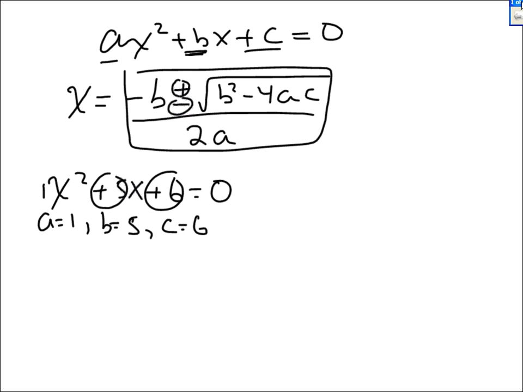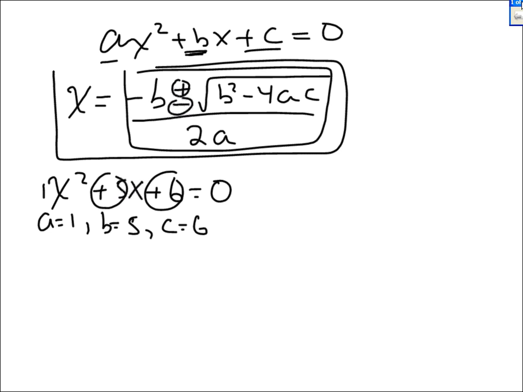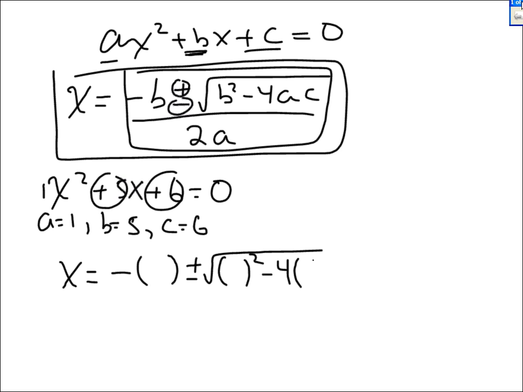So I go to my quadratic formula, which is right here. x is equal to, and I just copy, negative b plus or minus the square root of b squared minus 4 times a times c all over 2 times a.